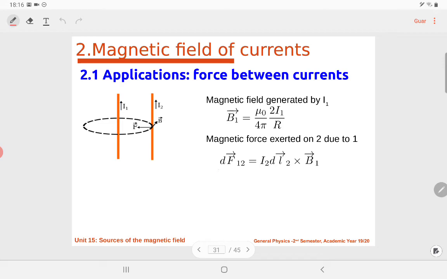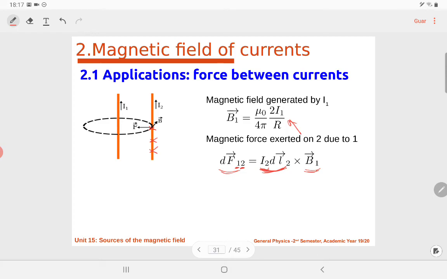And this magnetic force, exerted by the first current on the second current, is equal to the intensity of the second current, the element of current, cross product with the magnetic field created by the first current, which is here and whose direction we know is like this. So if you solve for the directions, your element of current goes towards the upper part.